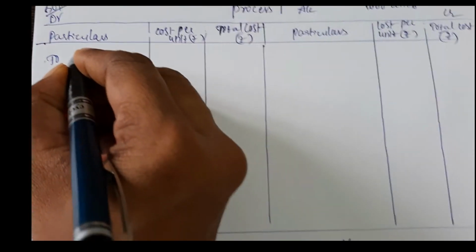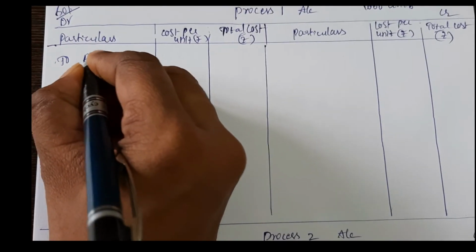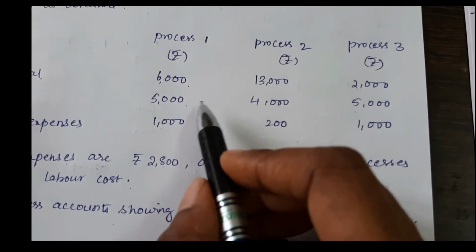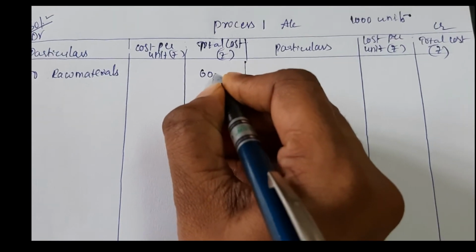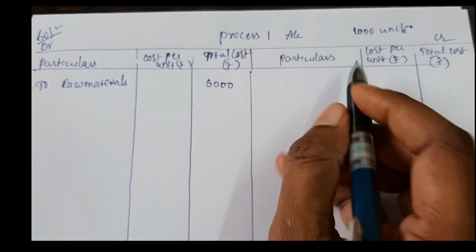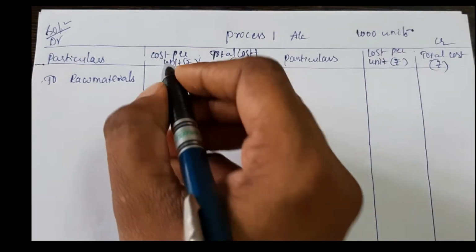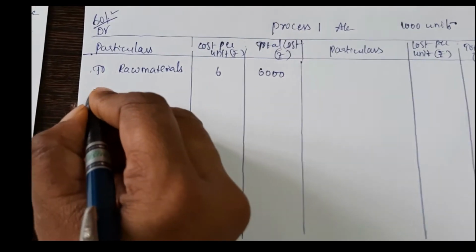To raw materials. Under process 1 it is given 6,000, so it will become 6,000, and cost per unit means 6,000 divided by 1,000, as the number of units produced is 1,000, so this will become rupees 6.